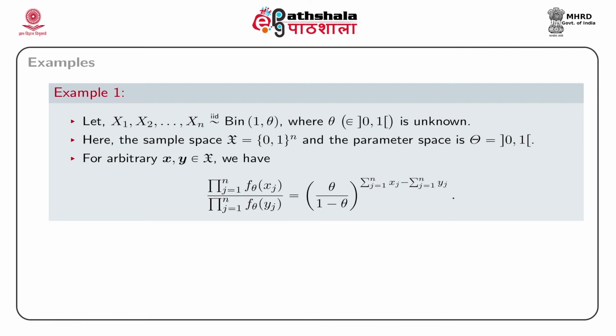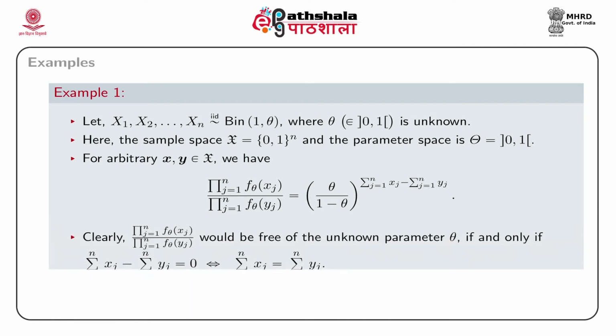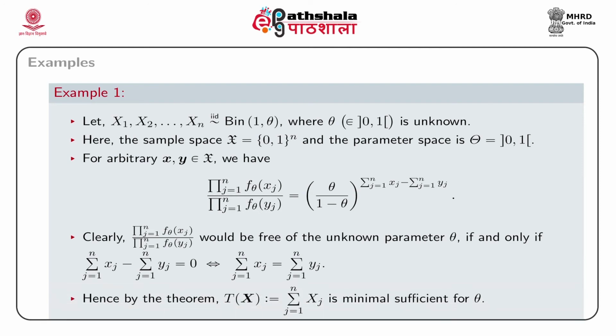From 1, it is clear that the ratio would become free from the unknown parameter p if and only if summation x_i equals summation y_i. That is, if and only if summation x_i and summation y_i are equal. Hence, by the theorem, T(x) equals summation x_i is minimal sufficient for p.